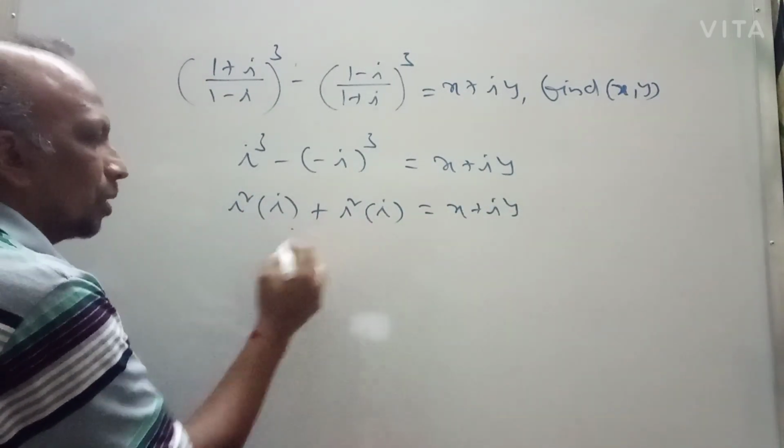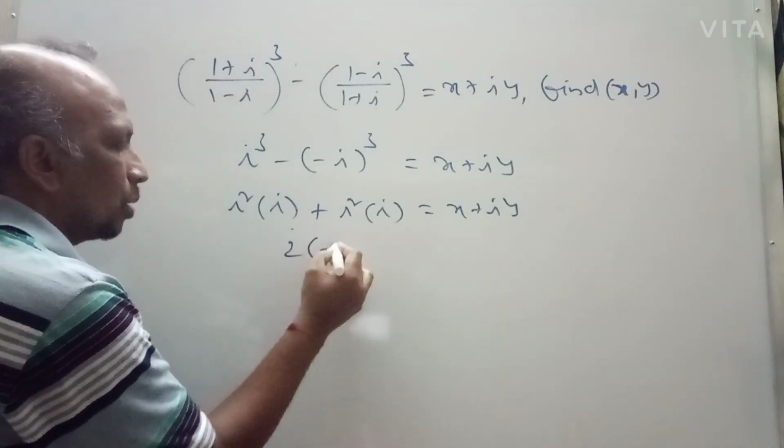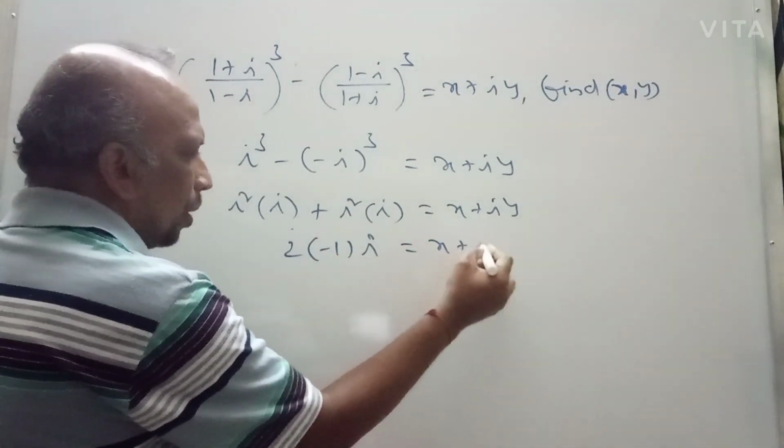This is two terms like this, 2 into i square, which is minus 1, into i, equal to x plus iy.